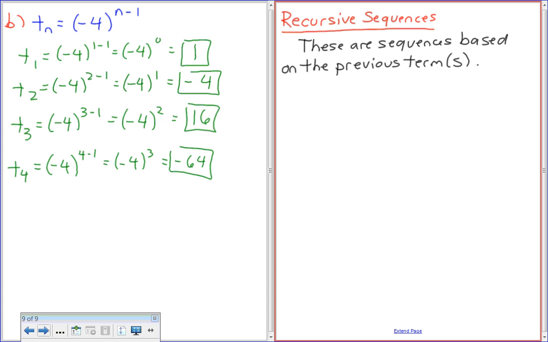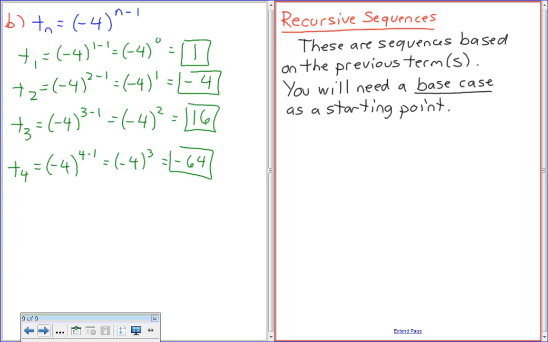You will need a base case as a starting point.